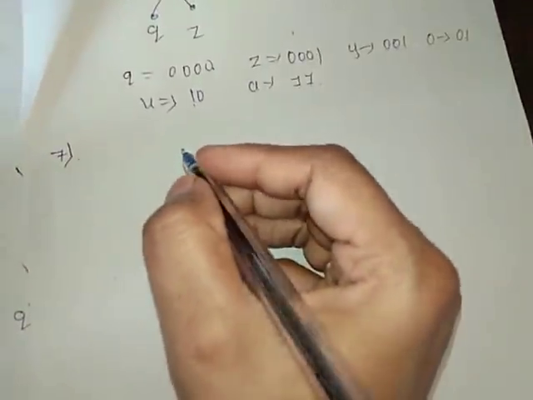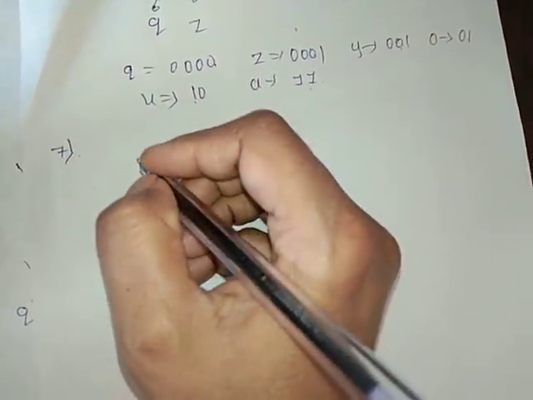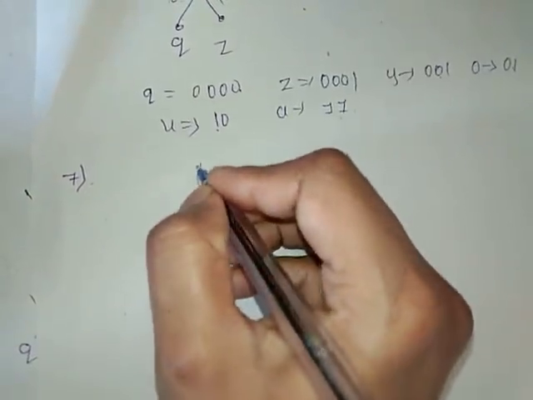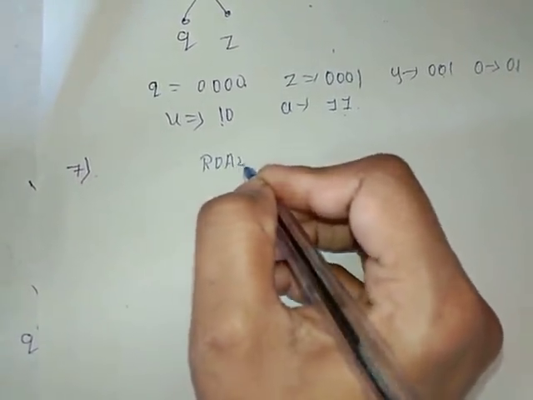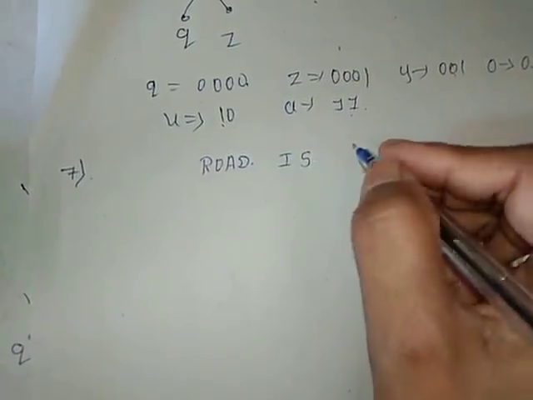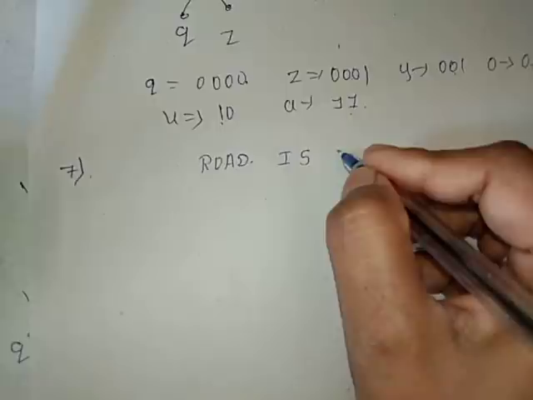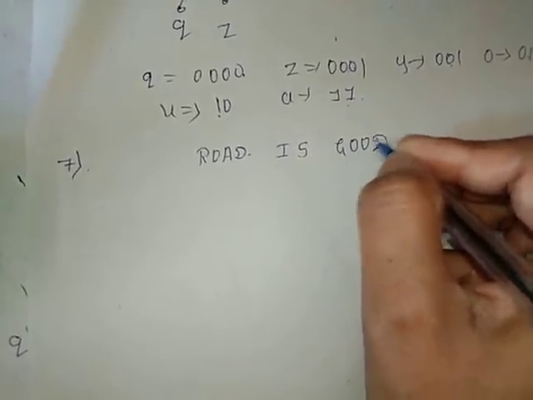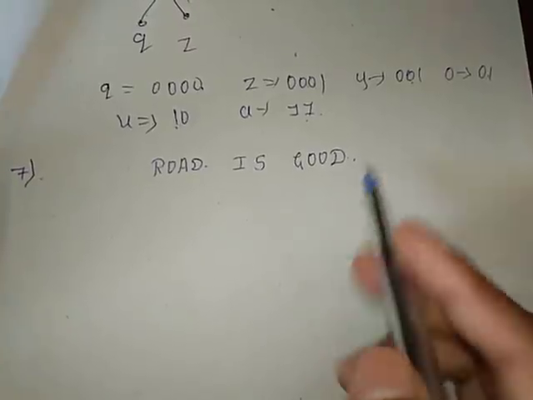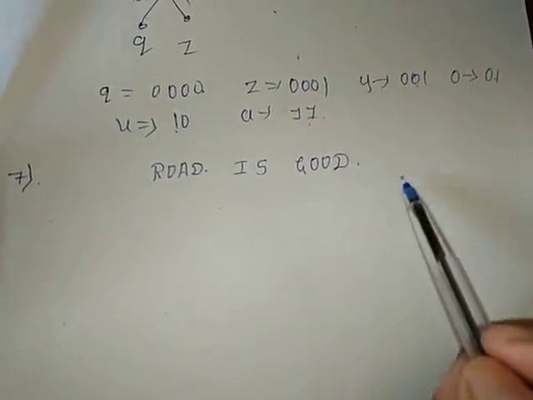Next example is to obtain an optimal prefix code for the message "Road is a good" and indicate that code. Find out the optimal prefix code for this message.